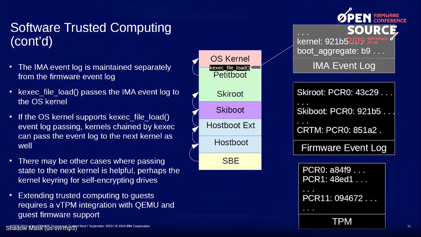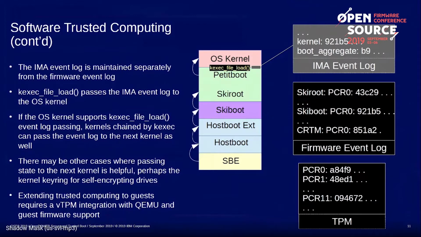However, the IMA event log is maintained separately from the firmware event log, and so we modified kexec_file_load to pass the event log up to the next kernel in the purgatory area. And in this way, you can envision an infinite chain of kexec kernels that each extend the IMA event log so that you have a complete log of what IMA's measured through all the kernels that you kexec.